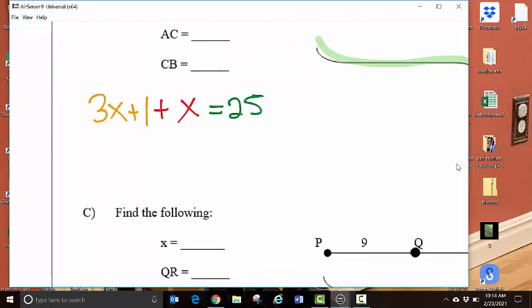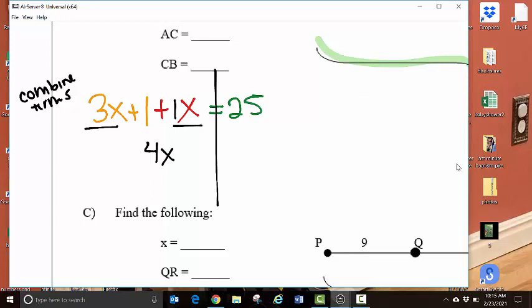Then you would draw a line through your equals, and since these are on the same side, we could combine like terms. So our step is combine terms. So 3 plus 1 is 4x plus 1 equals 25.